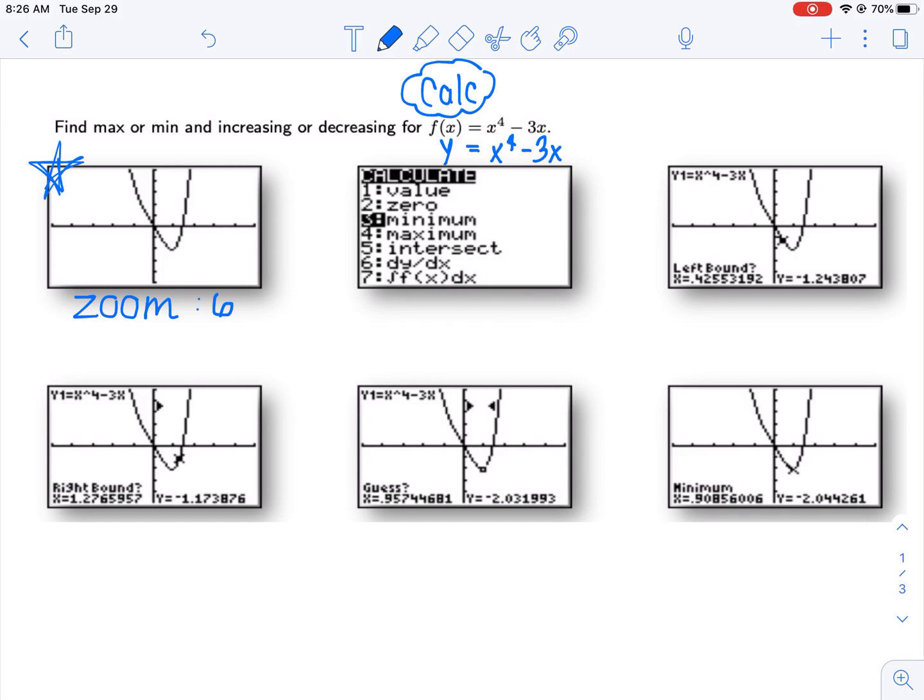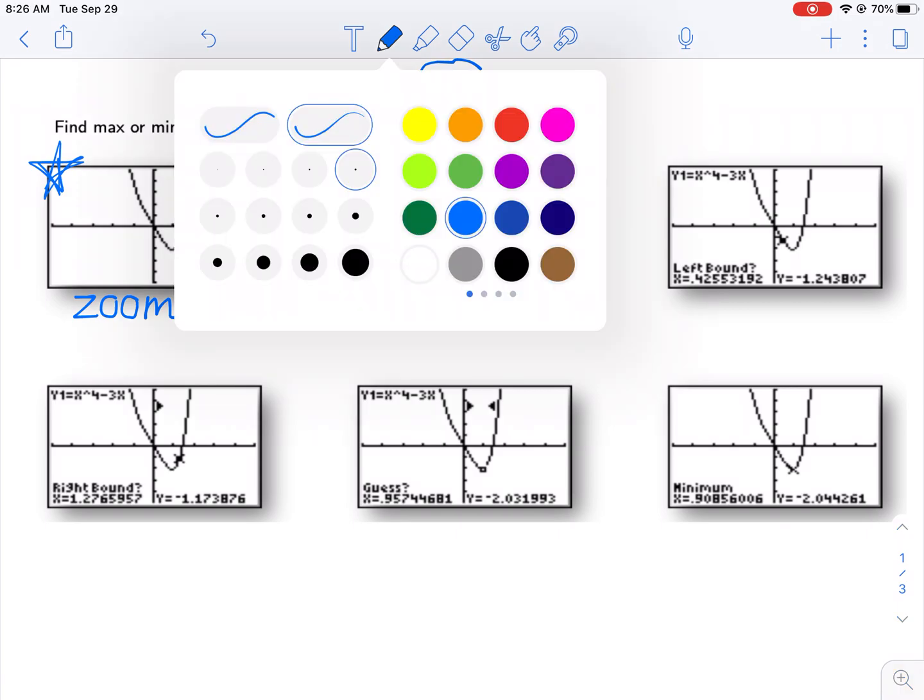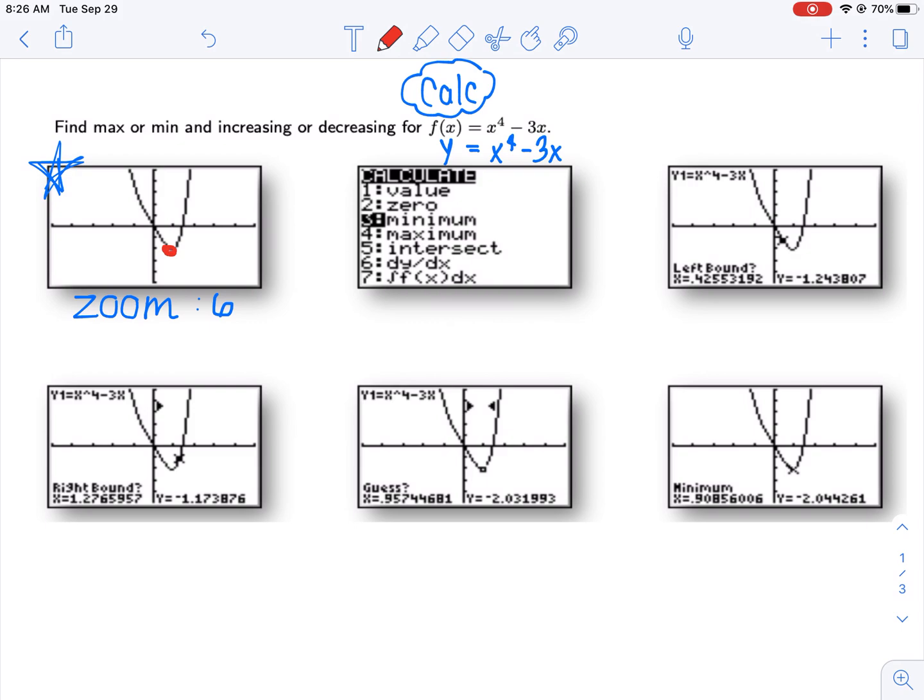Now we're going to find the max or the min. In this case, hopefully it's clear to you, this point down here is going to be the min. So we're going to find the minimum in this case. So to get to this next calculator function, you need to press the button second on the top left and trace.